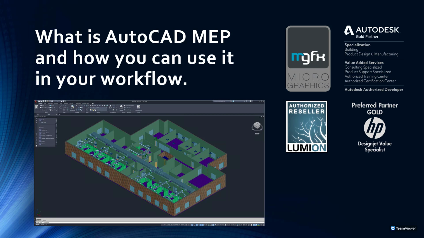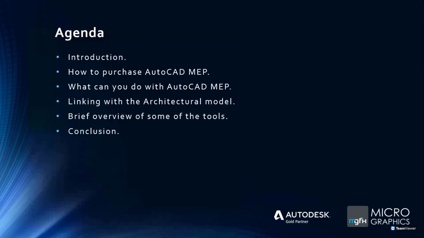We're going to look at introducing the software and learn what you can do with it, how it's obtained, and we'll also show you how to link with the architectural environment, as this particular software is more about what comes after creating the building, which is to add services, and you obviously require some context to add these components in.